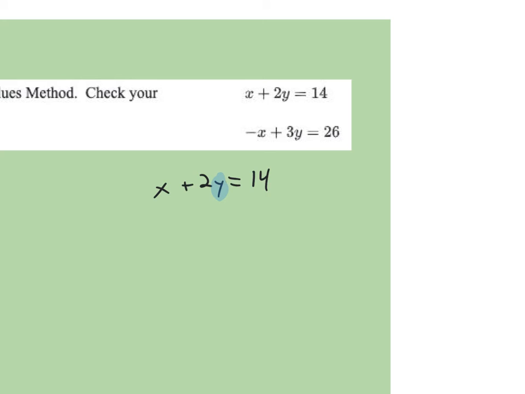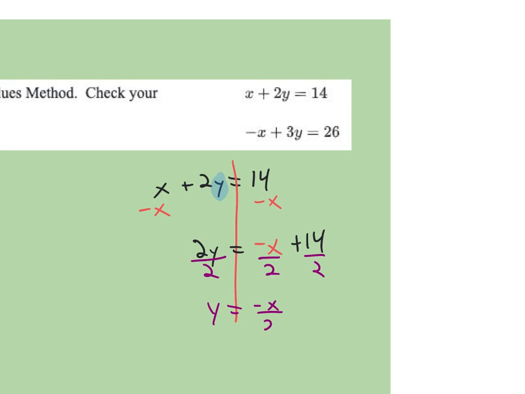So I first need to get rid of the x. So I'm going to take off x on both sides. We're left with 2y is equal to negative x plus 14. So then just like the last one, I'm going to divide by 2, making sure I do it to both pieces. y is going to be equal to negative x over 2 plus 7.